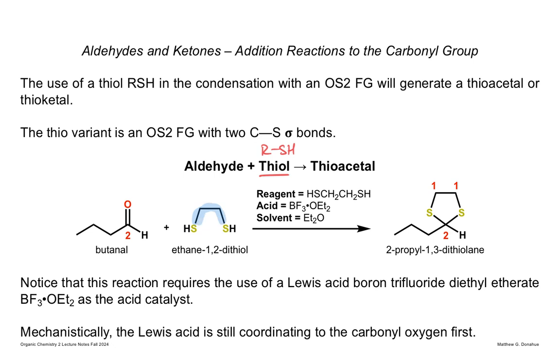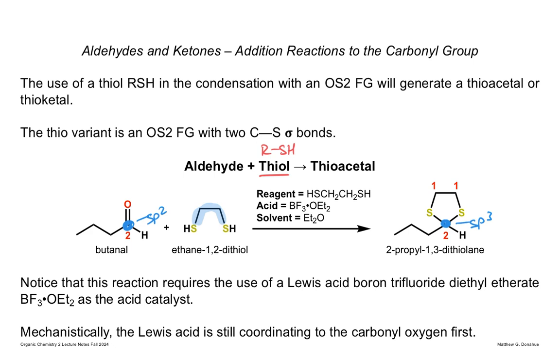So if your alcohols are connected as a diol, that necessarily means you're forming a ring in the product. So again, the blue carbon, sp2, the blue carbon here, sp3.